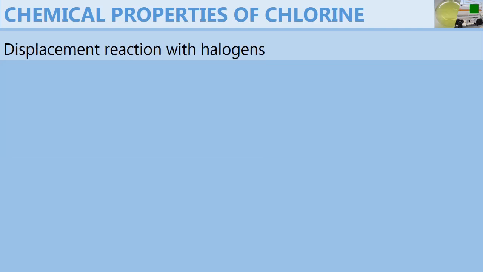Displacement reaction with halogens. Chlorine is a halogen, and it can react with other halogens such as bromine and iodine.